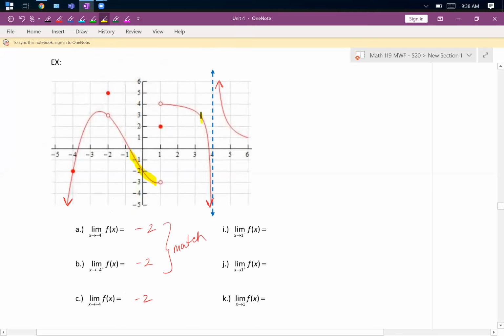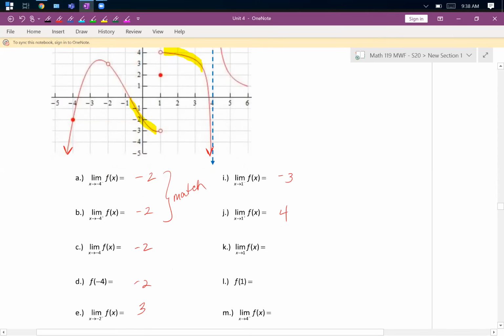And how about as we approach from the right side? +4. So what's the limit as x approaches 1? It doesn't exist. Remember, if our left and right hand sides don't match, then our limit does not exist.